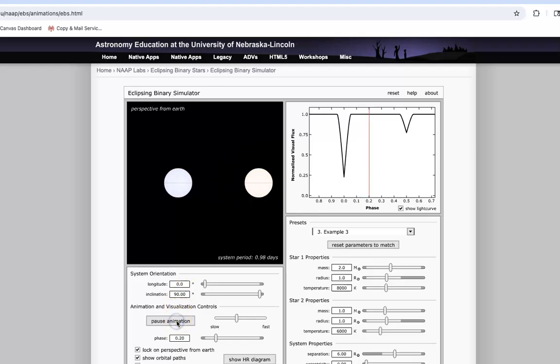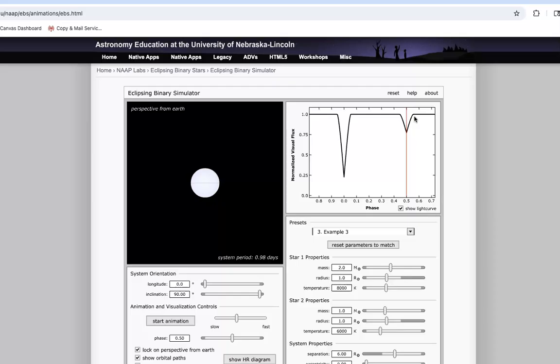So as these two stars orbit around each other, if they eclipse each other, if one star goes behind the other, then here we are. The cooler star, the dimmer star, is eclipsed behind the brighter star. And so if you're plotting the brightness versus time, then you get a little dip. Why is there this little dip in the light curve?